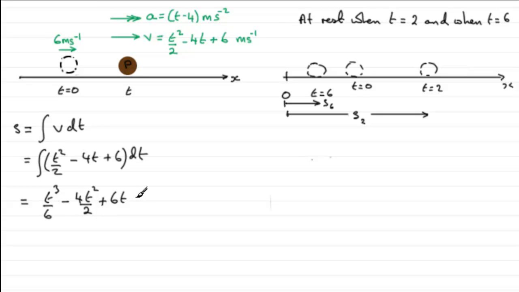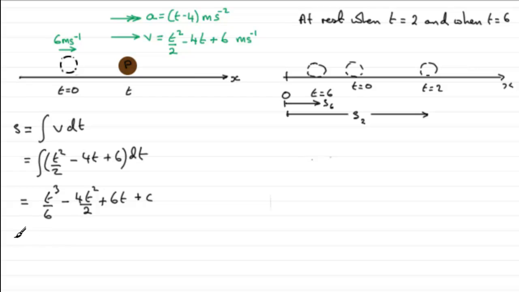And we mustn't forget that constant of integration, plus c. Now we don't have any conditions that allow us to work out what c is. We don't know what s is when t equals 0. But we're interested in the time t equals 2, so we can find out what S2 is.